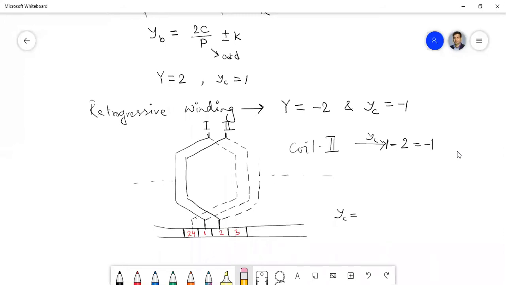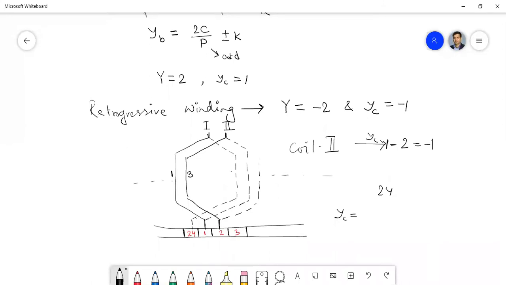If I take the similar type of configuration as I gave earlier, if this is 1, this is coil 1 and this is coil 3. What was the thing last day?